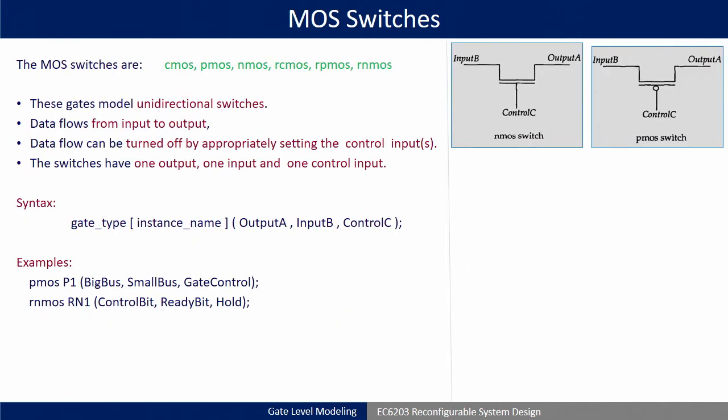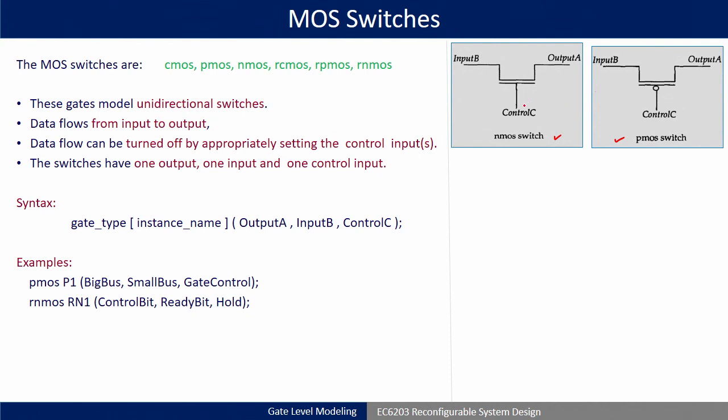Similarly, the next and last two are your MOS switches and bidirectional switches. Let us say first is your MOS switches. As the name indicates, it is mostly switch level modeling of your structural design, done by using CMOS, PMOS, NMOS, all these gates, or you can say representation of transistors in the primitive gate library of Verilog. Okay. So, here PMOS, NMOS you know, it is your NMOS, it is your PMOS. It has 3 terminals and these are called unidirectional switches.